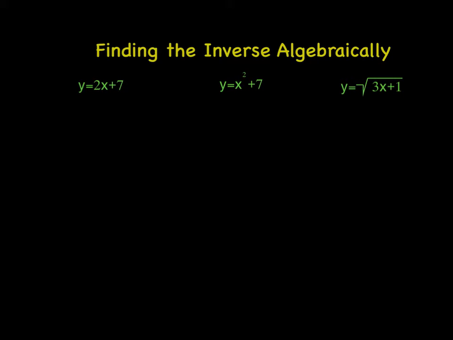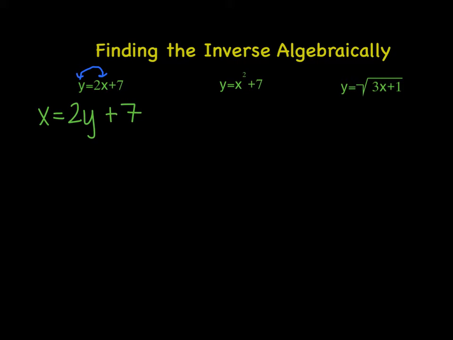So in order to find the inverse algebraically, all I do is switch the x and the y. Nothing else, just the variables. So I would rewrite this as x equals 2y plus 7. And now I solve for y.